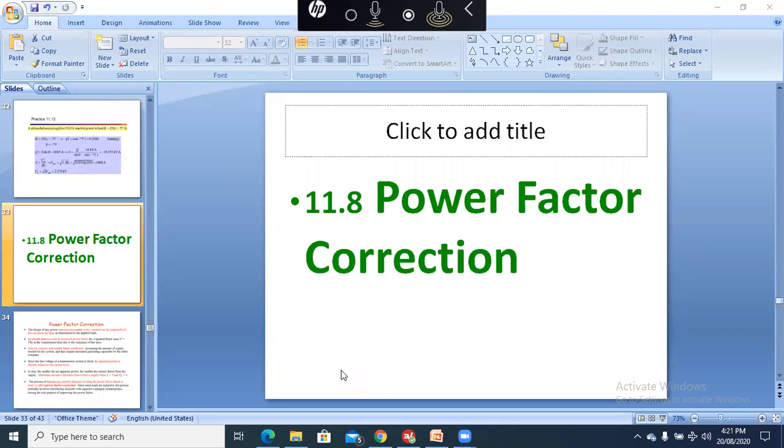So we want to improve the power factor by installing a capacitor in parallel to the inductive loads, to improve the power factor towards unity. So that is in fact the power factor correction.